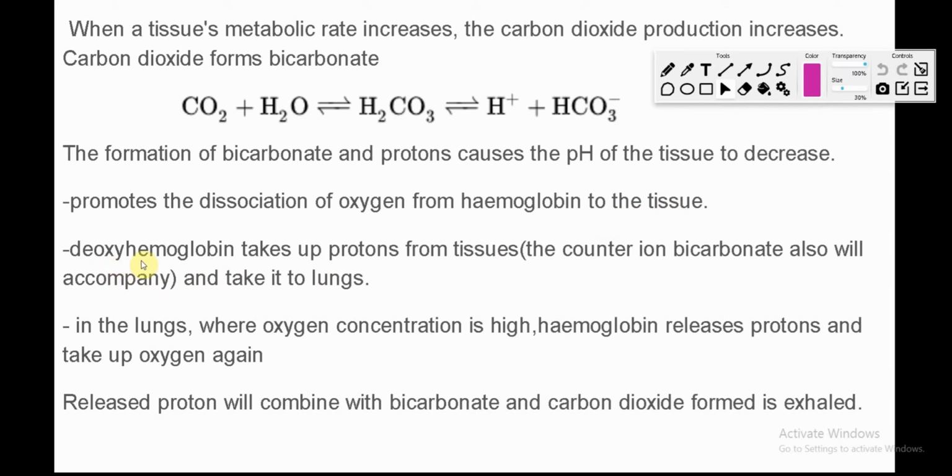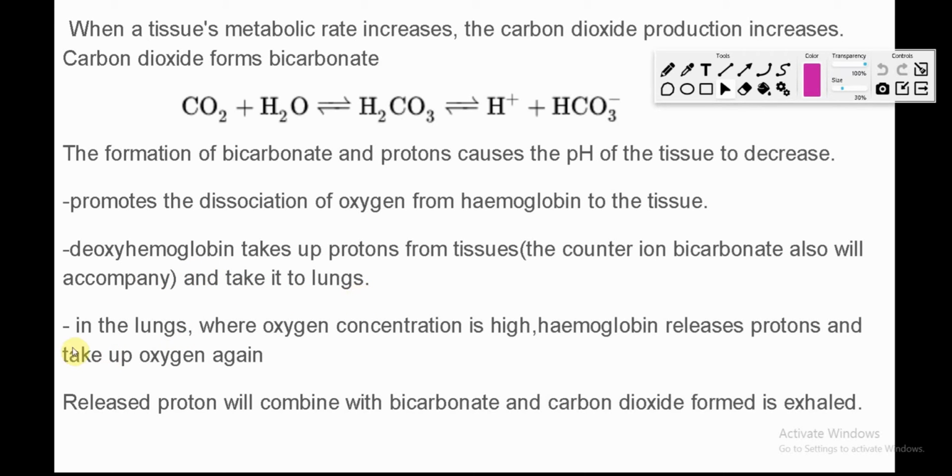But the deoxyhemoglobin, after releasing the oxygen to the tissues, takes up protons from the tissues, and the counter ion, the bicarbonate ion, also will accompany the hemoglobin back to the lungs.